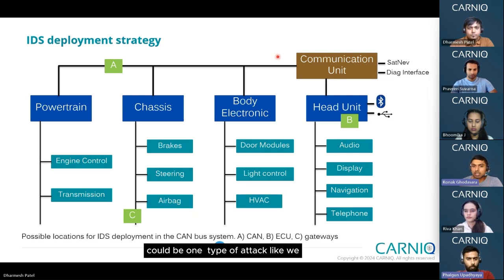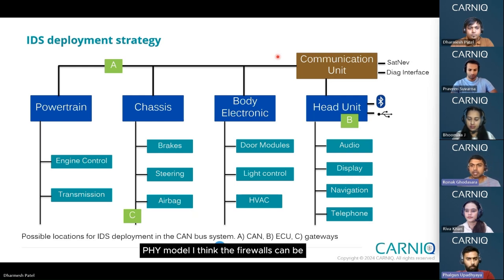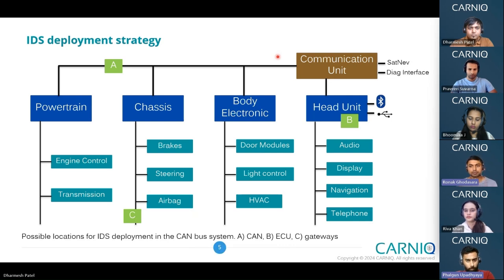One type of attack is inserting extra or new packets, and maybe those are also detected in CAN chips. So those kinds of hardware may be in the market. Another is for the Ethernet network. Ethernet uses Ethernet PHY, and in this PHY module I think firewalls can be implemented in hardware. Of course, that would be maybe costlier than normal Ethernet, but there are possibilities to implement this, I think.